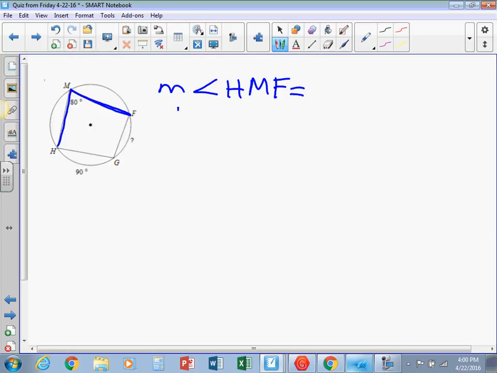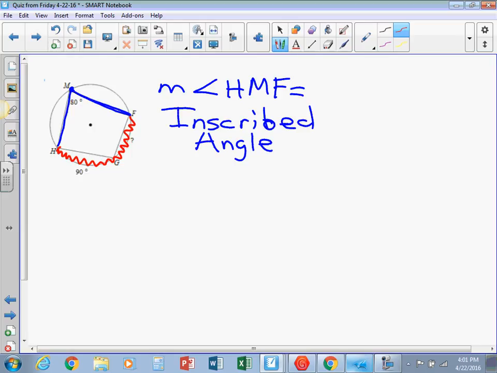It's an inscribed angle. How do I know? Its vertex is lying on the circle. So I need to figure out what its intercepted arc is, all the way from H to F.